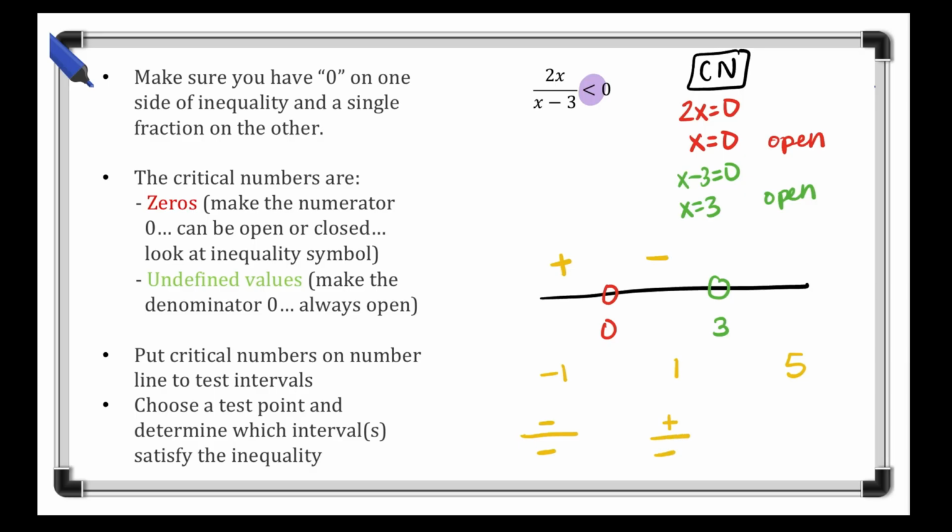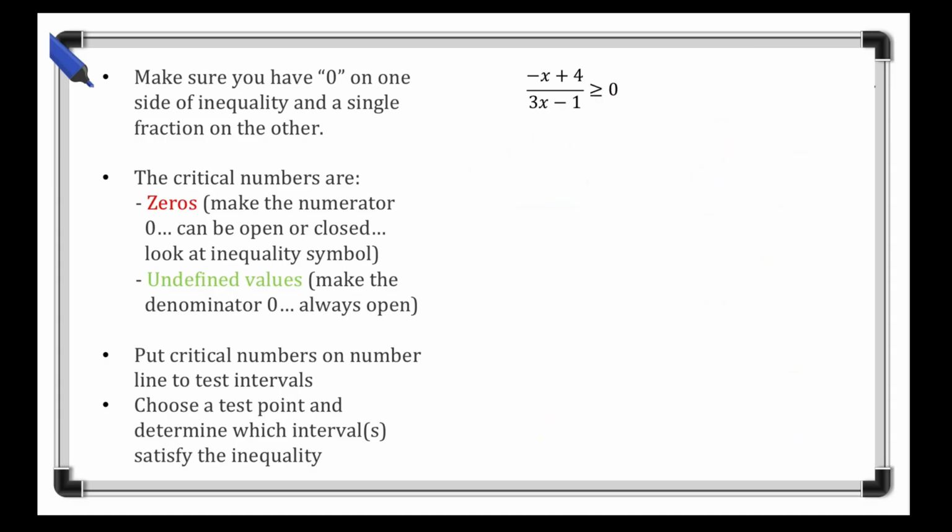That gets me a negative. And when I plug in 5 for x, you're going to get a positive number divided by a positive number, which is a positive. Now, because you wanted to get a less than, you got to look at your interval that has the negative. And so my answer is going to be (0, 3), both with parentheses because these are open circles.